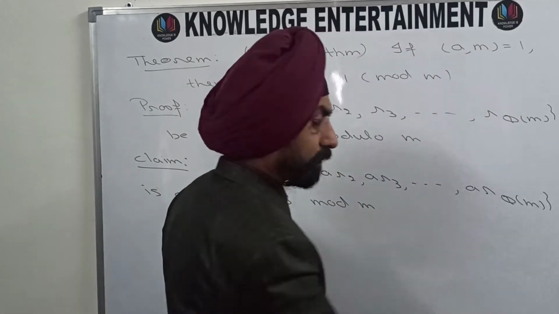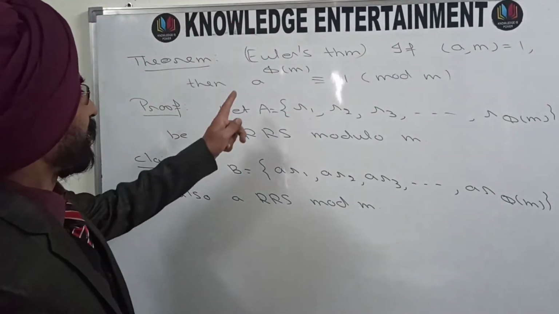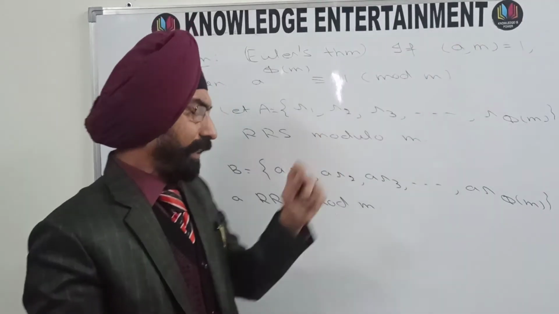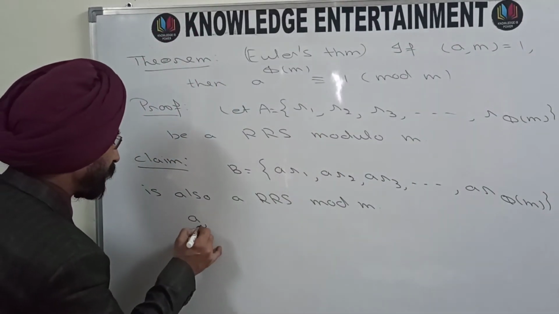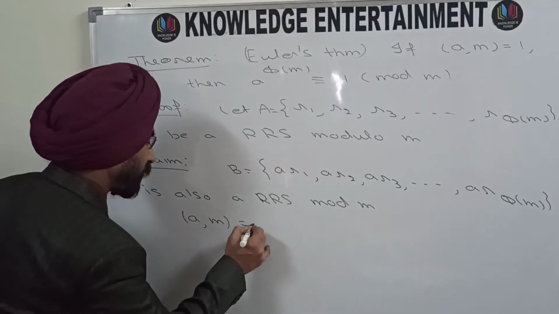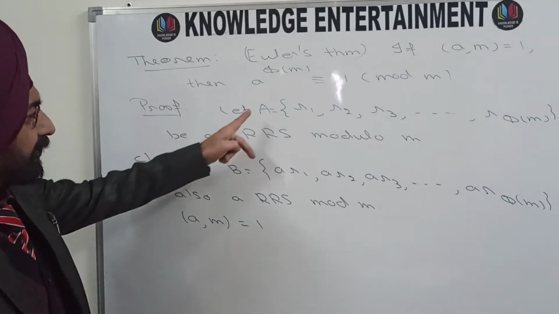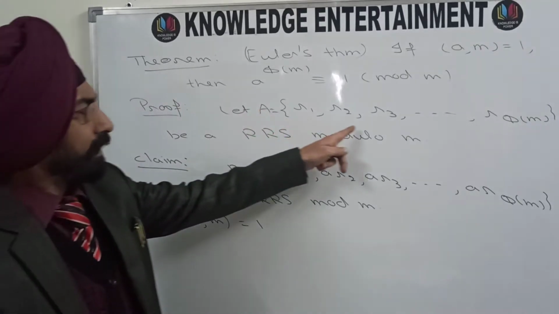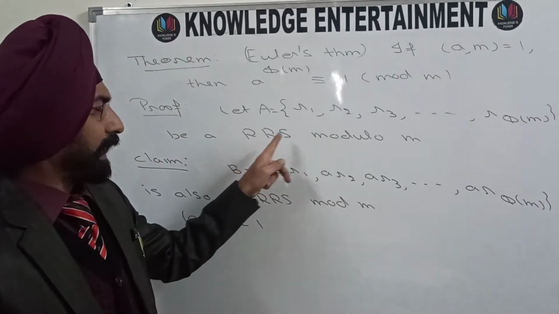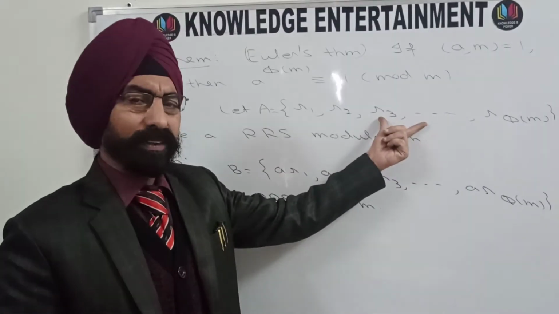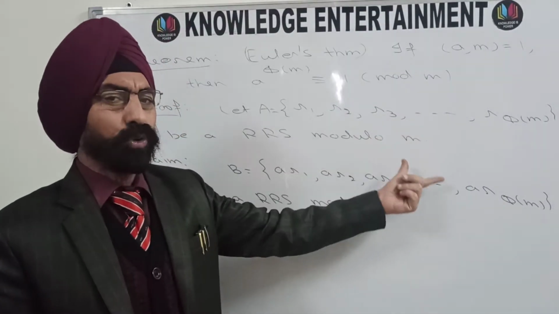For the first one, we are given that GCD of a and m is 1. And since this set capital A is a reduced residue system modulo m, each member of the set A will be co-prime to m.